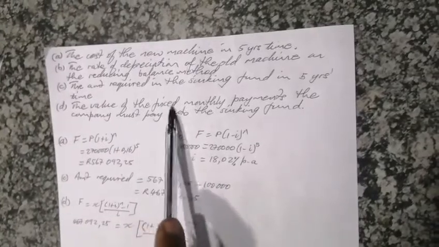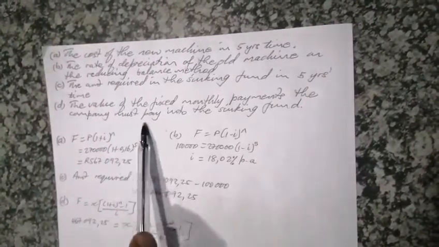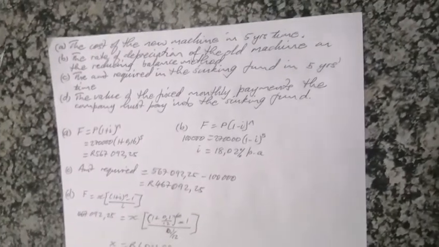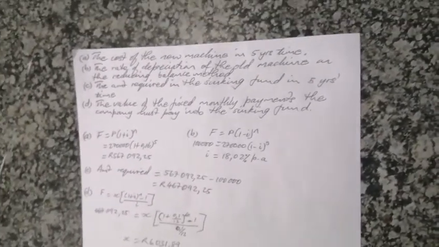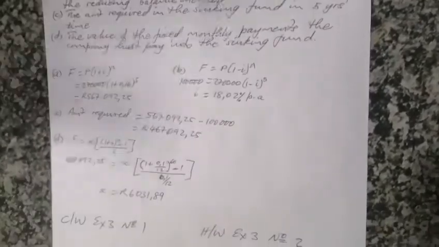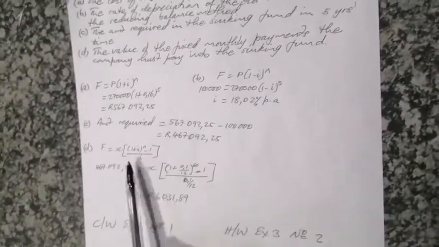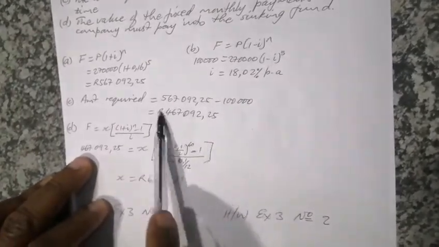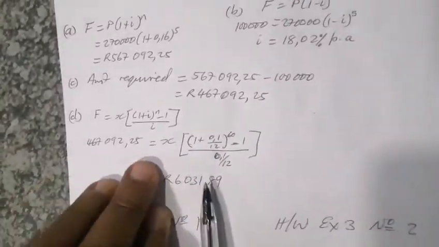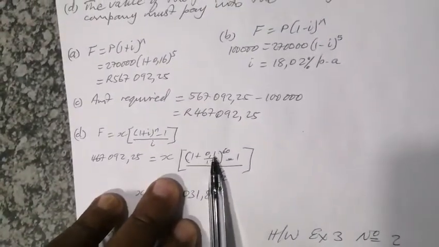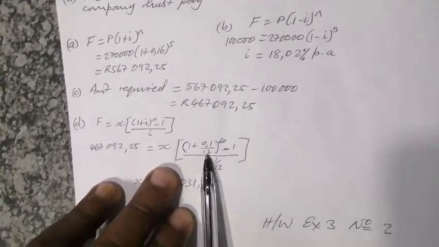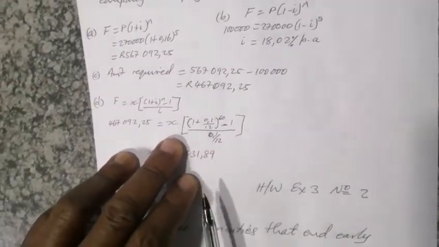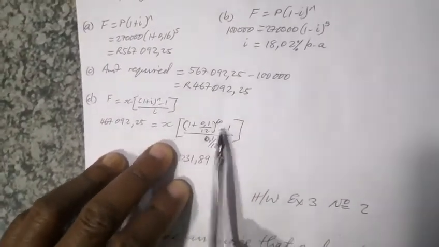The value of the fixed monthly payments the company must pay into the sinking fund. Remember, sinking fund is the future value formula because we want the money in the future. So it will be the future value formula. We have the amount that we need equal to X, and then the rate was 10%, so it's over 12 because we are doing it per month, to the power of 60, because in 5 years there are 60 months.